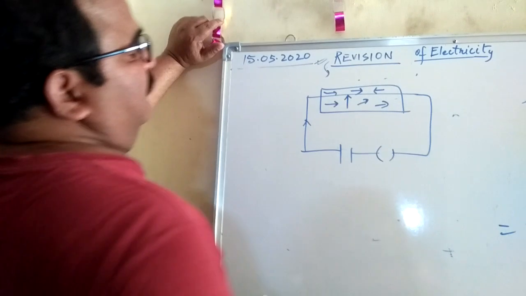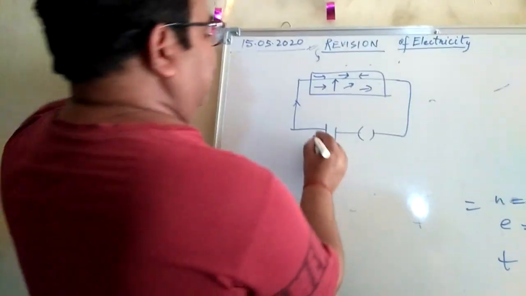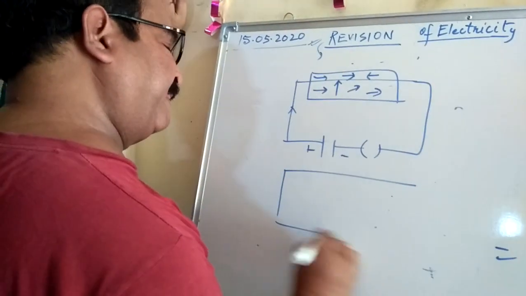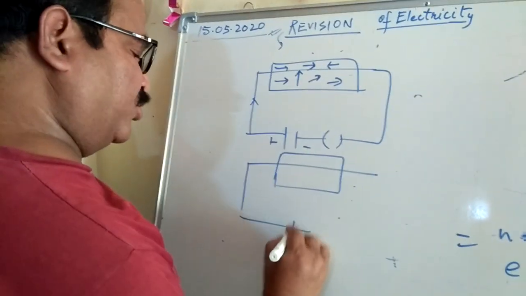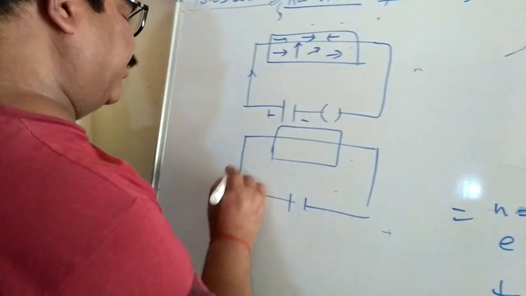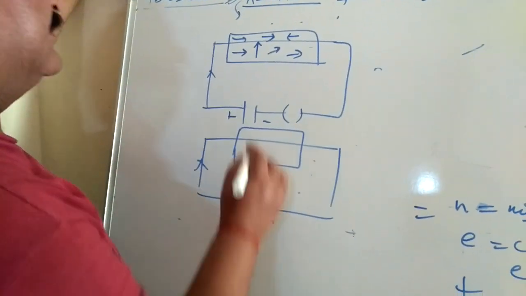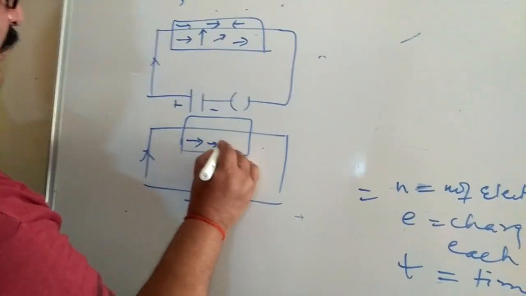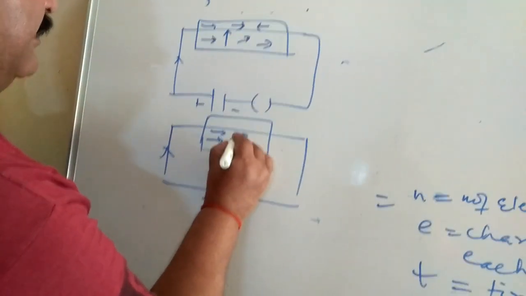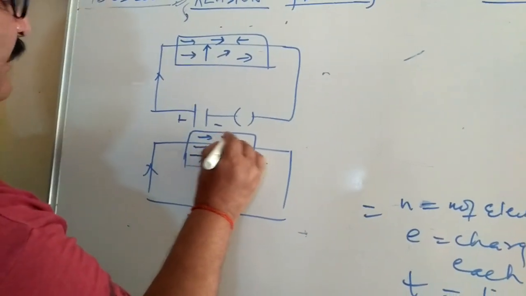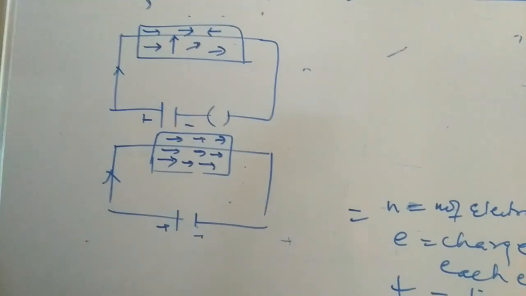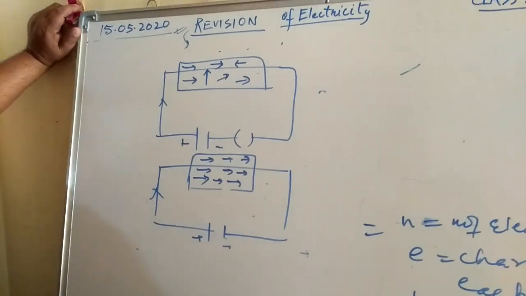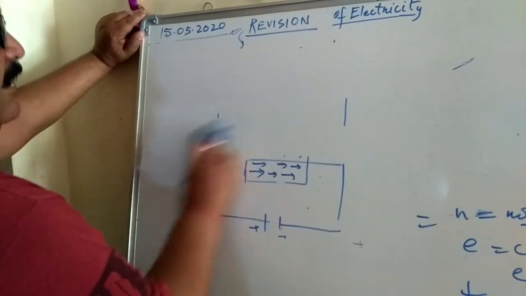But as soon as you connect the circuit with a source of electricity, this random direction of the charge becomes unidirectional, and in this way current is produced in the circuit. So this is all about electric current.